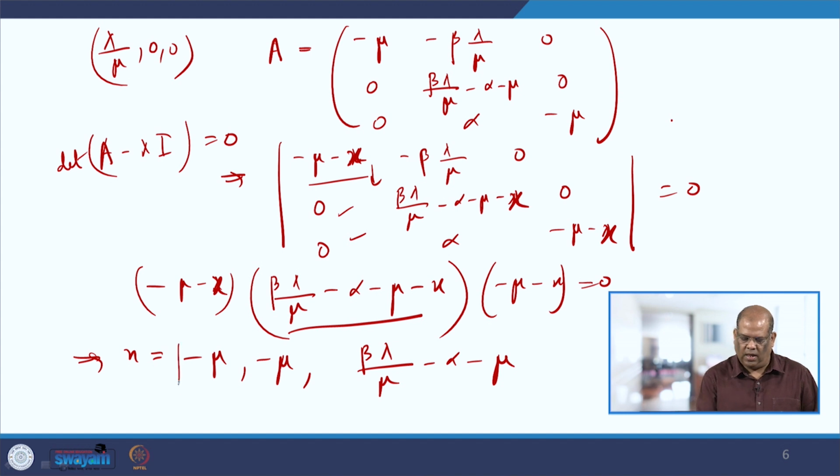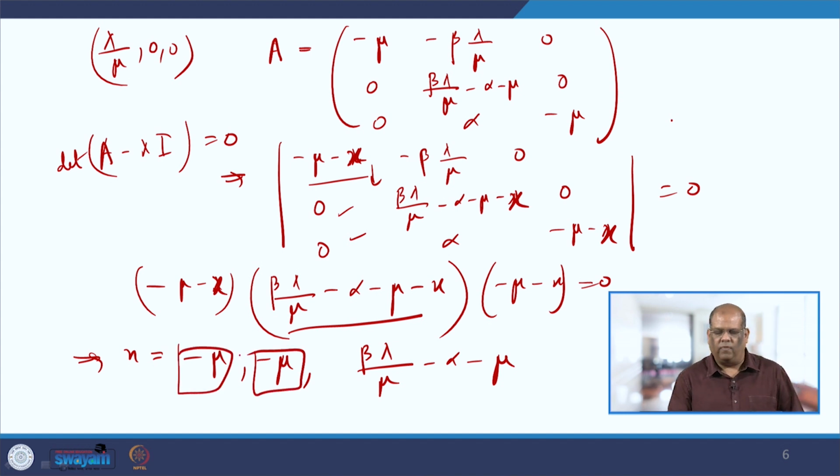Now, as we can see, this value is negative, this value is negative, and if the system has to be stable at the point lambda by mu, 0, 0, this has to be negative, and the condition for that is this must be less than 0.